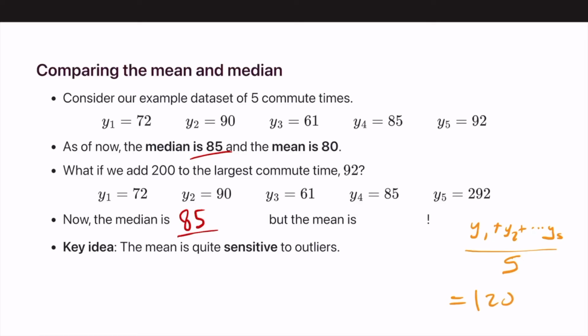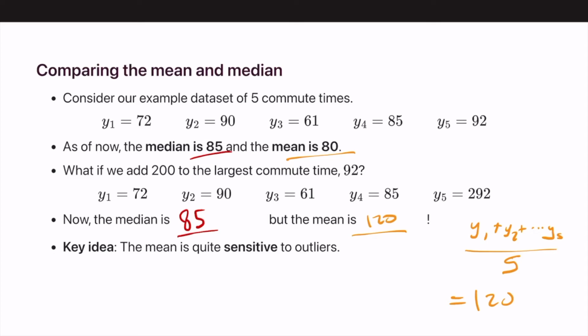Now, the new mean is 120. The old mean is 80. So right off the bat, we can see just how much more the mean has increased by introducing this. We can call this for now an outlier.